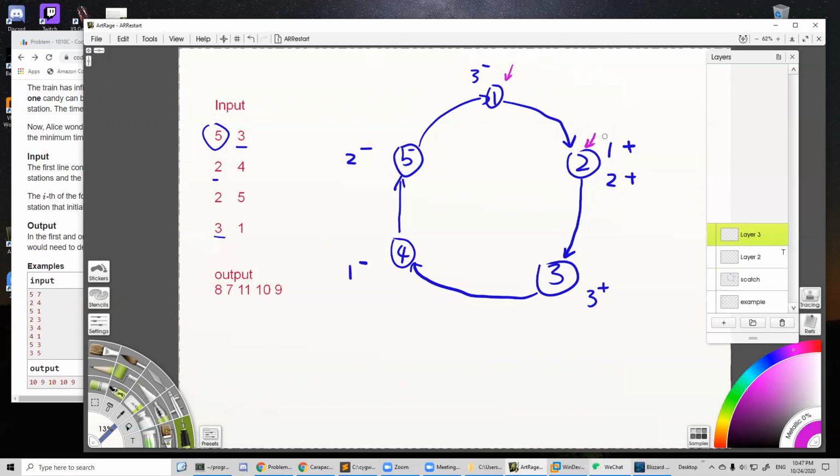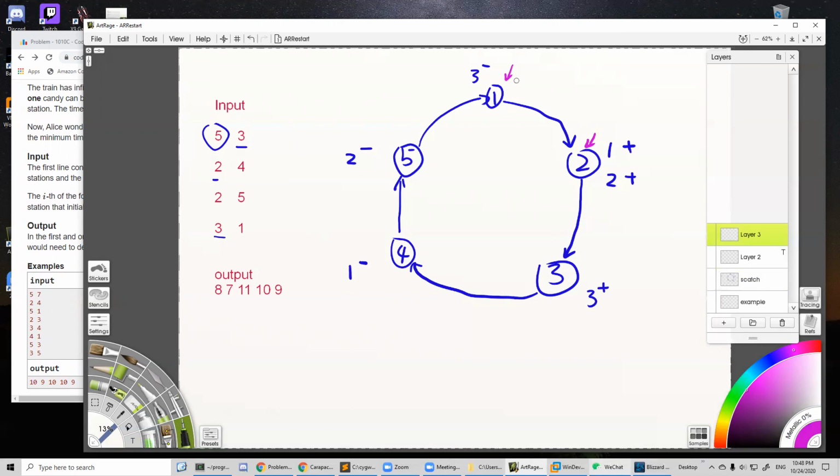It can only pick one candy. It can drop off any candy. There is no limit on how many candies the train can hold, and it can drop off any number of candies, but it can only pick up one candy at one station.